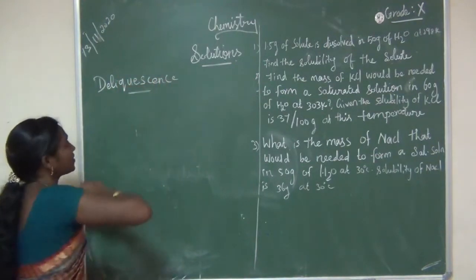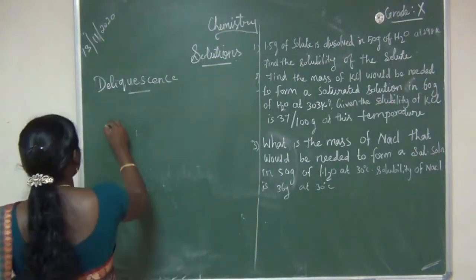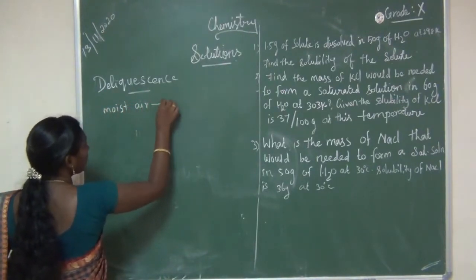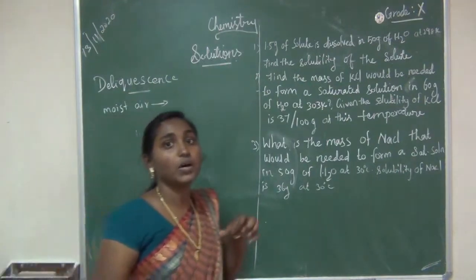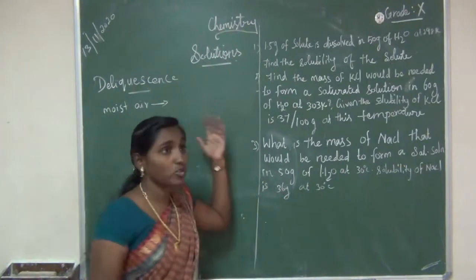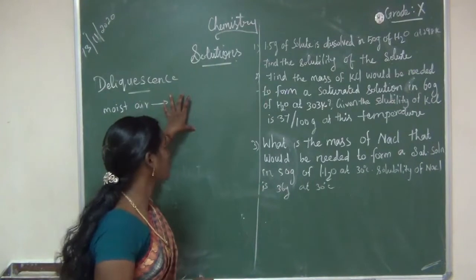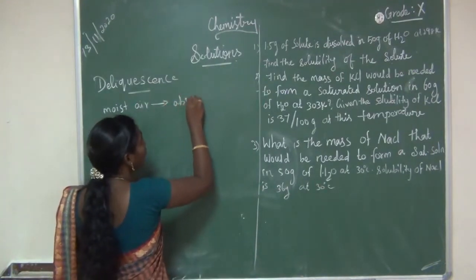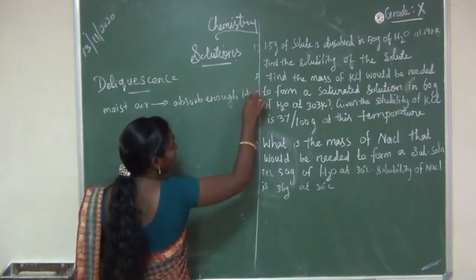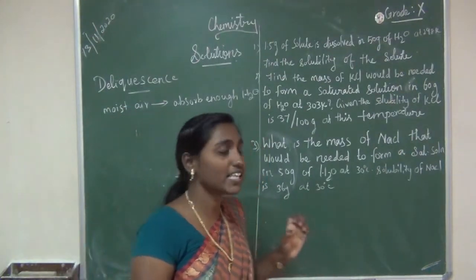Deliquescent substance means a certain substance that absorbs moist air at ordinary temperature, and it absorbs enough water to change its physical state. In a hygroscopic substance it absorbs water without changing.